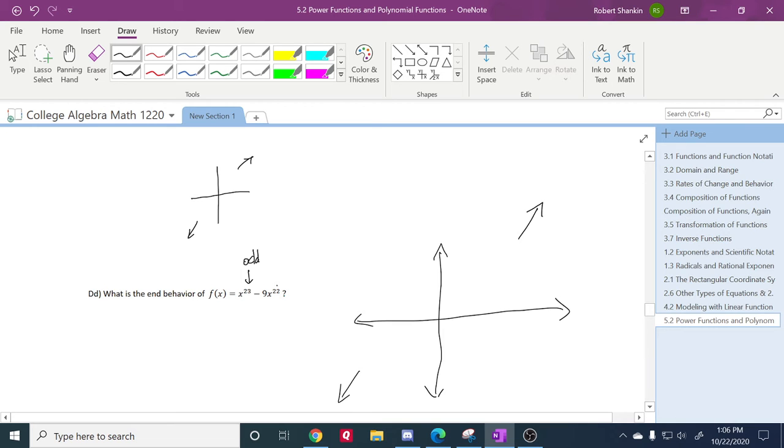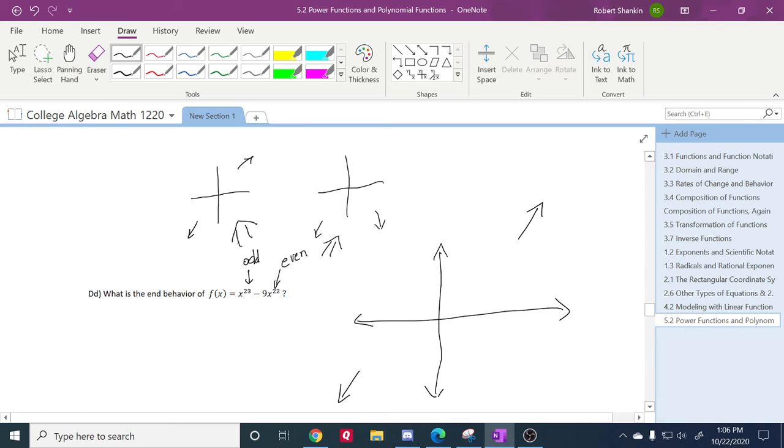This one, the exponent, is even. When it's even, the end behavior is both up or both down. But since this has a negative leading coefficient, it tends to be both down. All right. So this one leads us in this direction. This one leads us over in this direction.